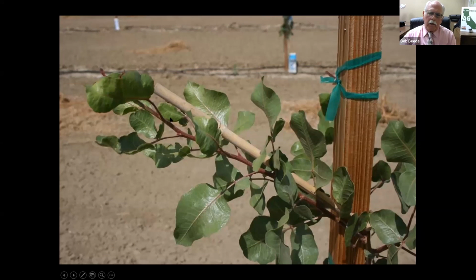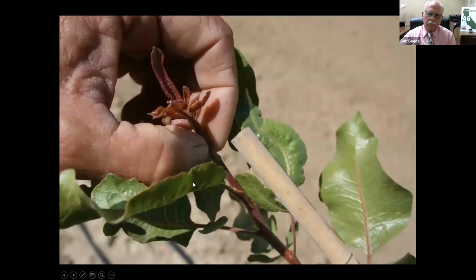You don't want to be tipping to a bud that's going radially, because it then causes the tree to spread too quickly. You want the tree to be growing upward.